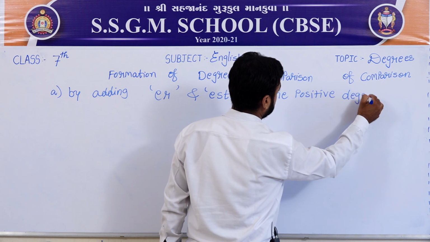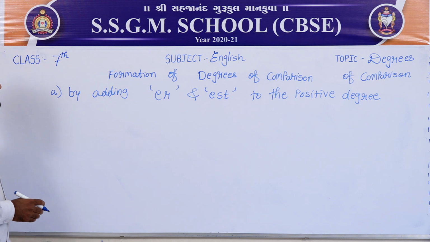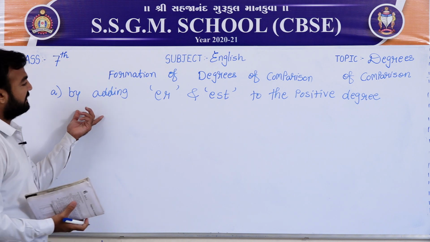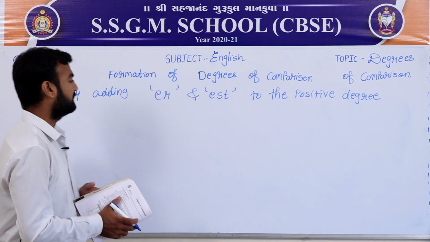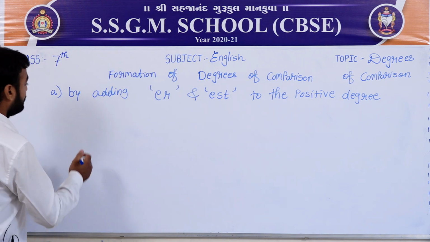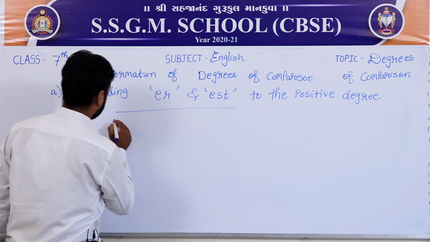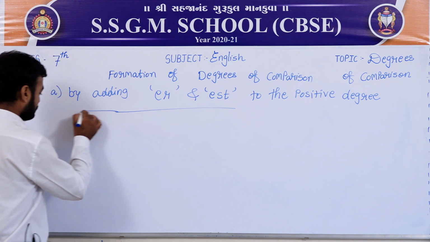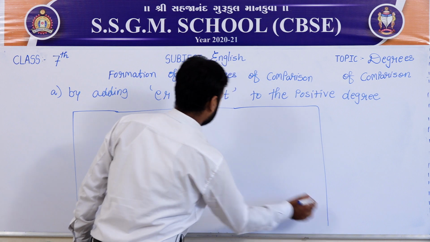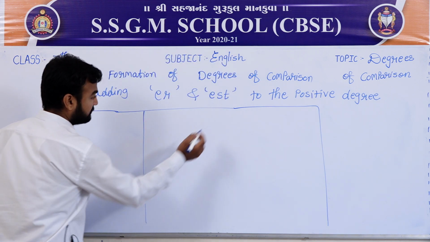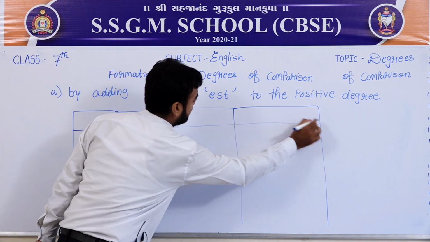See students, how we can form the degree by adding ER and EST to the positive degree. Let me show one example in front of you. So I am preparing one box and table for you, likewise. I am not good at drawing this table, but then also I am preparing for you guys.